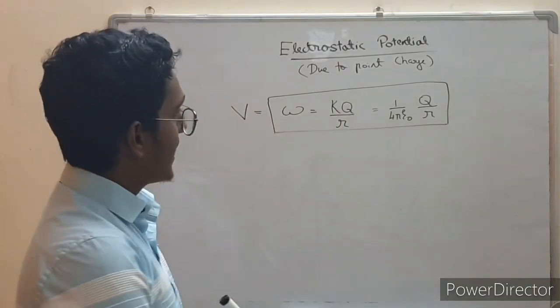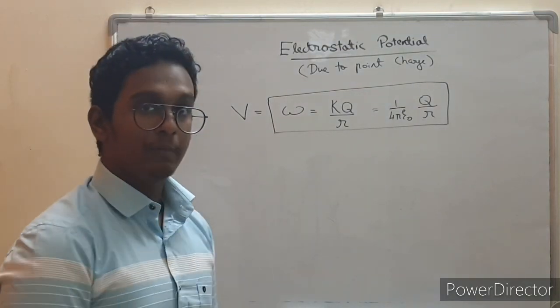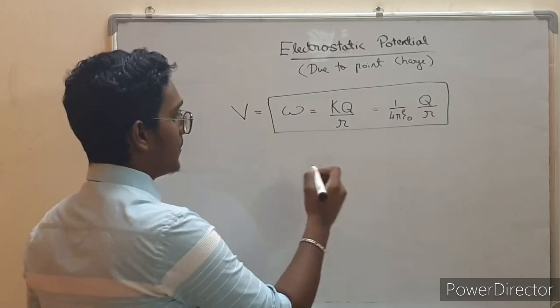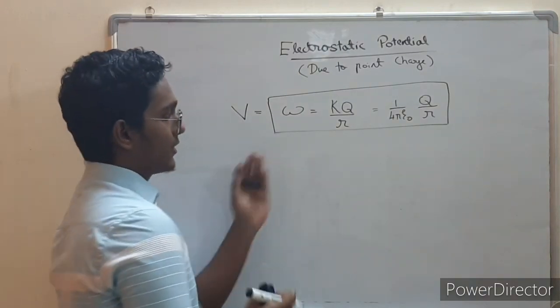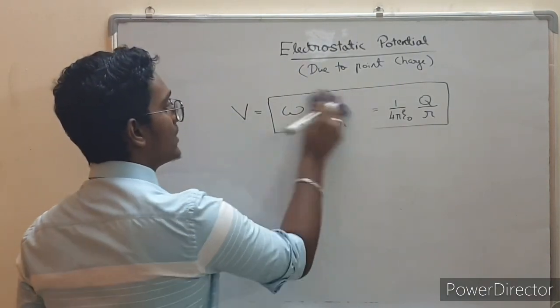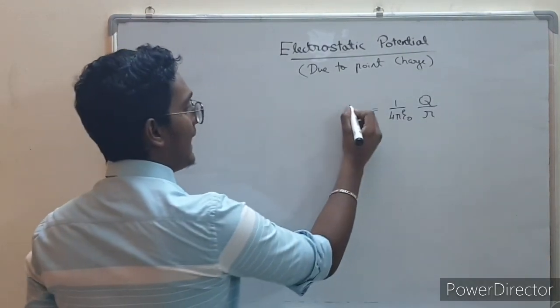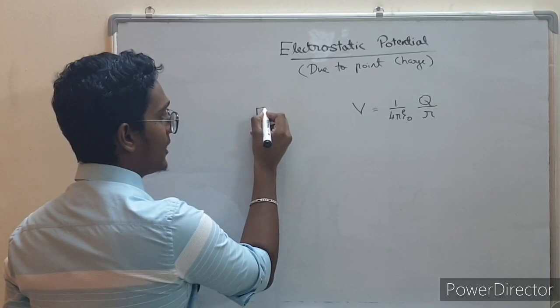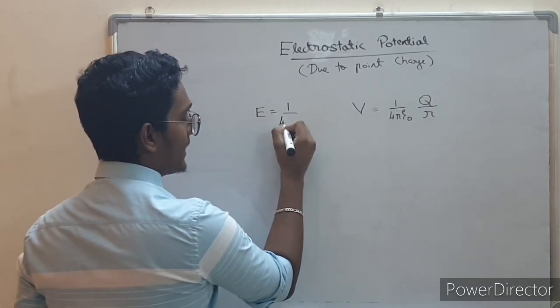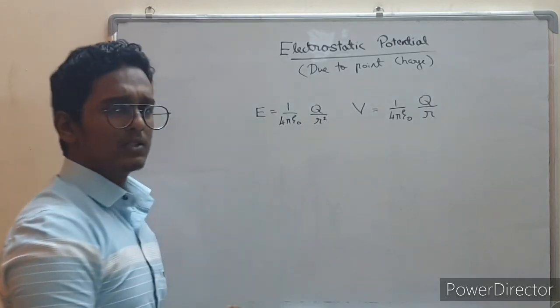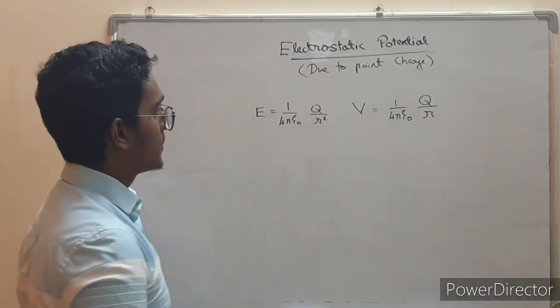Now if you notice, you can make a clear relationship between potential and electric field strength. So this is potential, you can note it down. And the formula for electric field was 1 by 4 pi epsilon naught q divided by r squared. So how do you make a relationship out of these both?